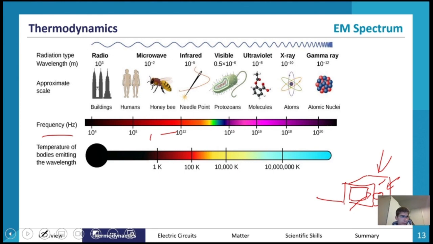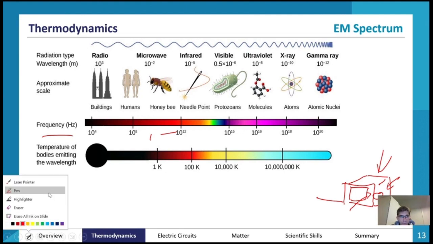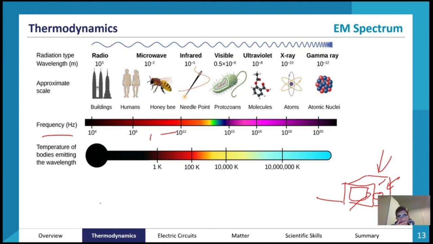The use of infrared radiation is that you can use thermal goggles to detect body heat from different animals or people, for that fact.